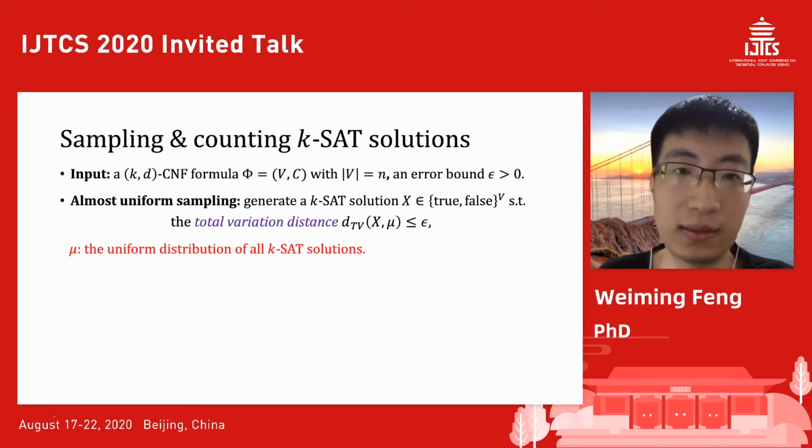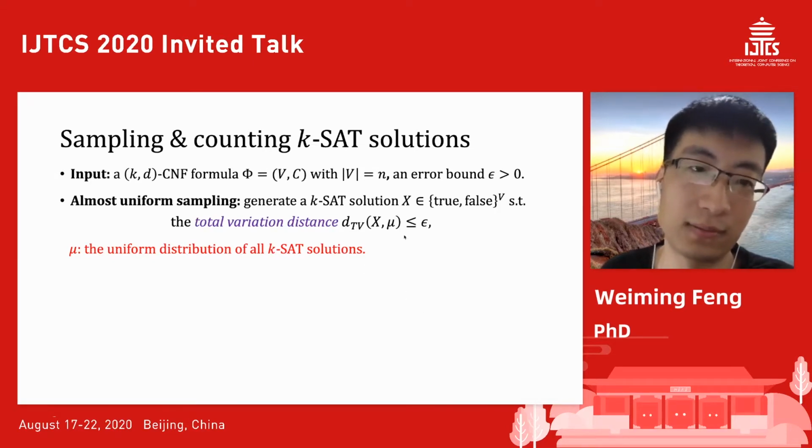The input is a CNF formula phi. When sampling, the algorithm needs to draw a random solution that is almost uniformly distributed over all SAT solutions. Specifically, we use mu to denote the uniform distribution over all k-SAT solutions.